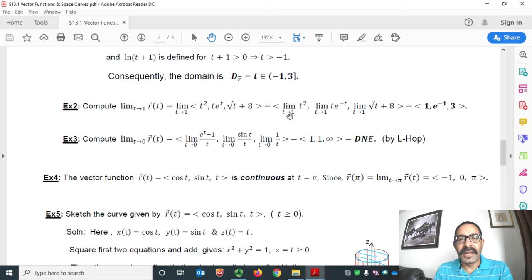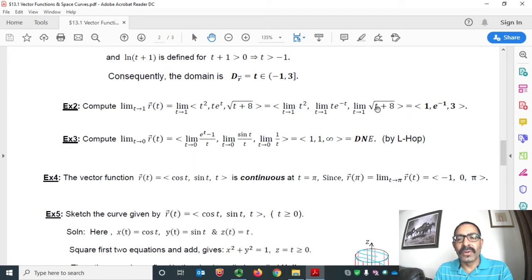The limit of t squared as t goes to 1 is simply 1. For the second component, the limit as t goes to 1 of t e to the minus t becomes simply e to the power minus 1.